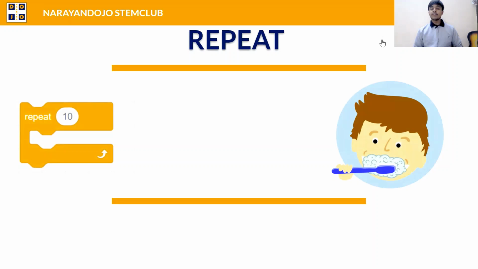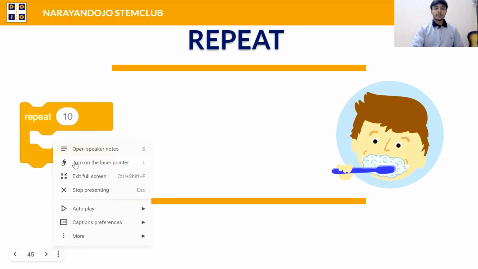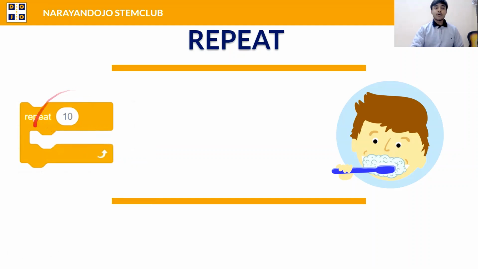Like in our daily life, we brush our teeth again and again, the same task again and again, but for a certain time. In the same situation, for solving the same type of problem, you can use the repeat block. In this box, you can put the number of how many times you want to perform the same thing again and again.